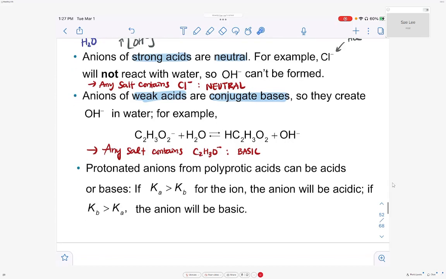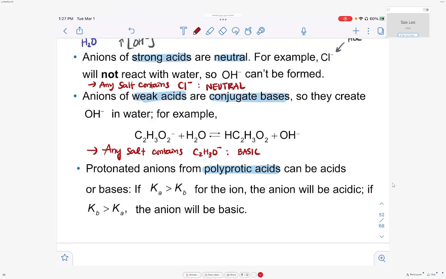Thirdly, any salts that contain anions from polyprotic acids can be acid or base.